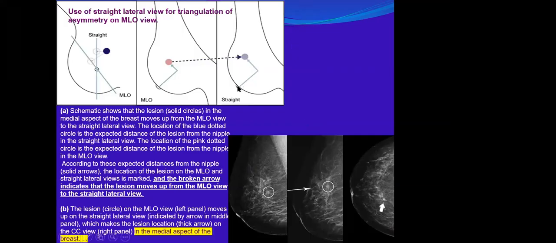When you put the nipple at the same vertical position, you see the lesion here in the MLO, and in the straight lateral it is going up. Look, it went up. That means it is on the medial aspect.